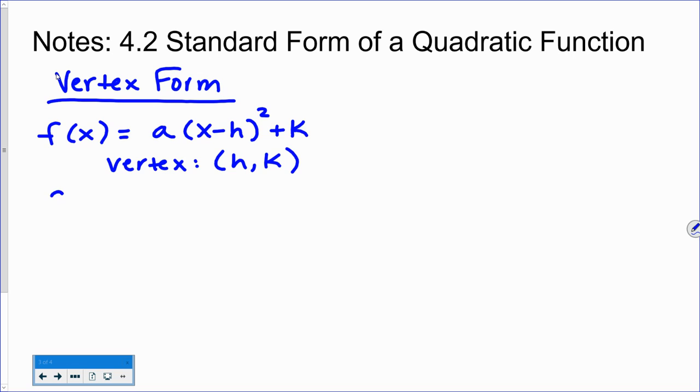If your a value is greater than 0, that means you're going to have a U-shaped graph, so it's going to open upward, which means that it would have a minimum.